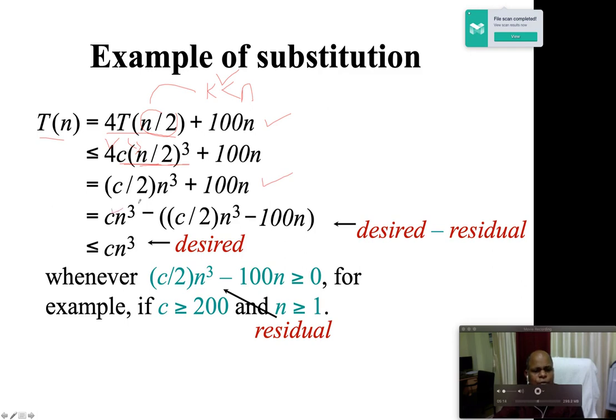That means C n cubed minus C n cubed by 2, plus 100n. You have simplified it from this to this mathematically.